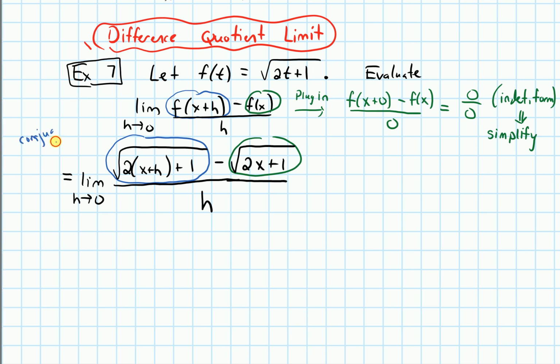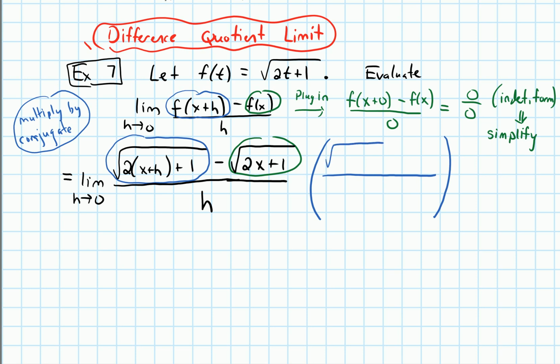In fact, we want to multiply by the conjugate. We're going to multiply the numerator and the denominator, because whatever I multiply the top by, I have to multiply the denominator by. Okay, when I'm simplifying an expression, so that'll give me root of, if I distribute the 2, we get 2x plus 2h plus 1.